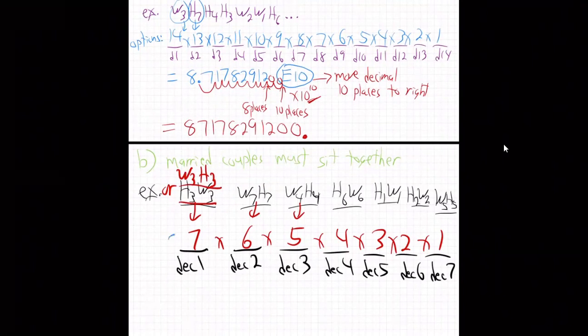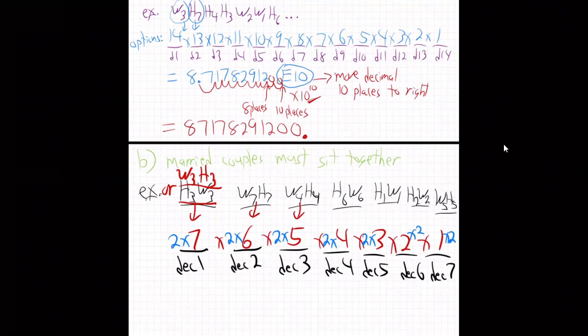So I got to go times 2. And that goes for each of these. Each of these has an extra times 2. Do you see that? Because once you've picked the couple who's going to go in those 2 seats, there's 2 ways to put them in those 2 seats. Wife first, then husband, or vice versa. You see the trickery there? That's the extra wrinkle on this one.